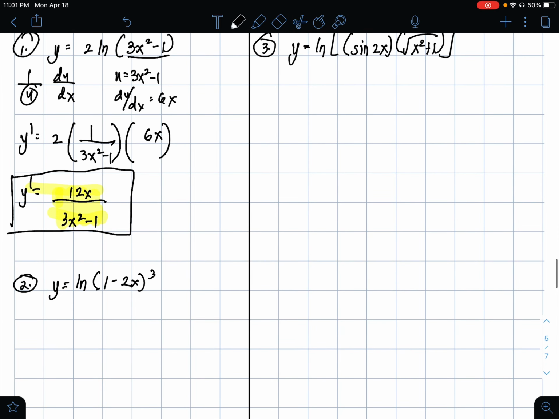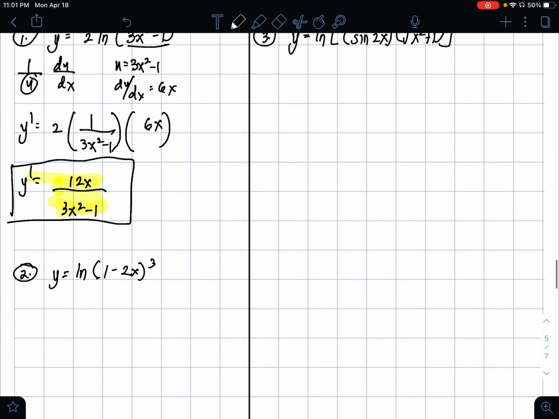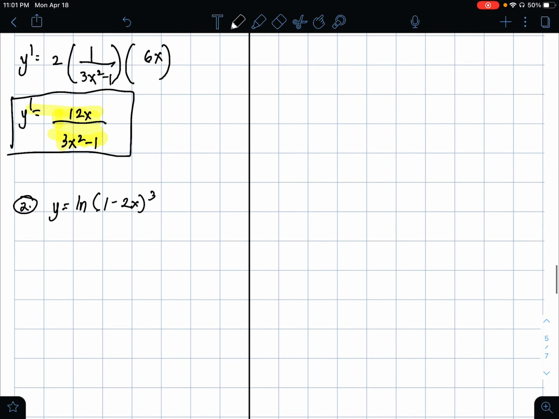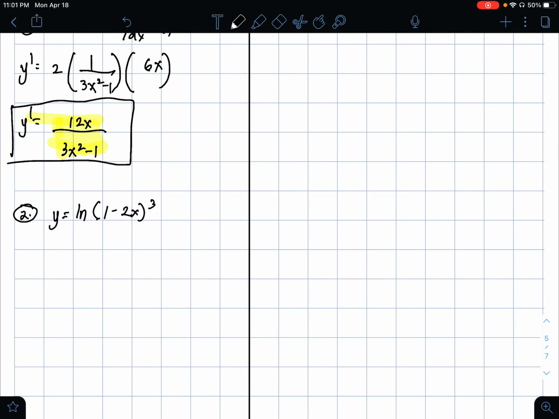Okay? Number 2 is, sorry, y is equal to ln of 1 minus 2x raised to the power of 3. So simple lang yapon ni siya na problem since we are given this. In laws of logarithmic functions, we can bring down 3. Wala'y problema, di ba?